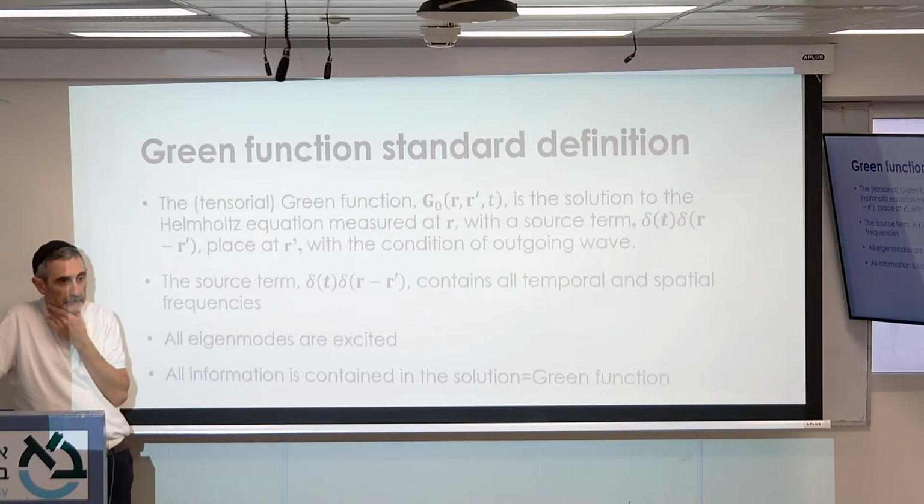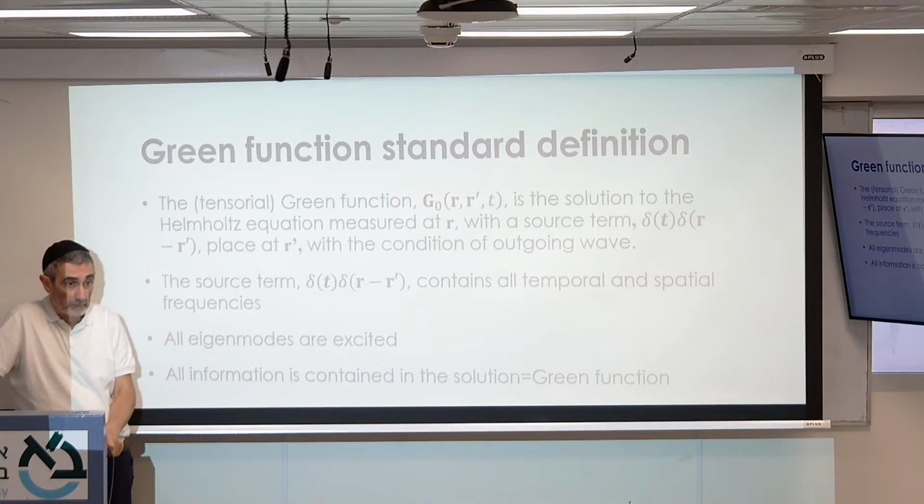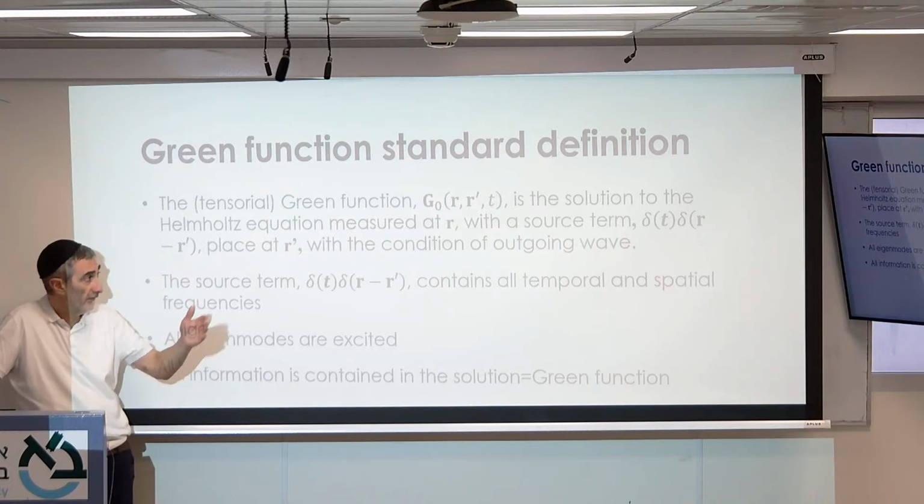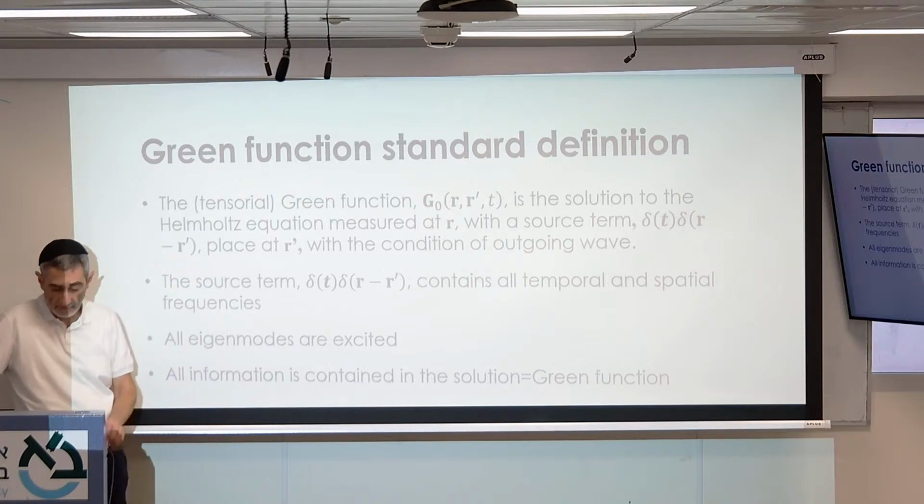So the answer for the position we have by R in the Green function, but what about the time, like the solution for the time in the Green function? Is it by the frequency? Yes. So at time t equals 0, you put your pulse, so you have all the frequencies, and you have a solution for all pairs of positions and for all frequencies. So let's be in the frequency domain, for instance.